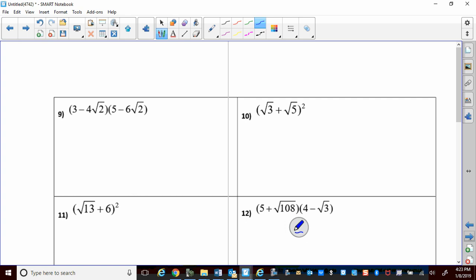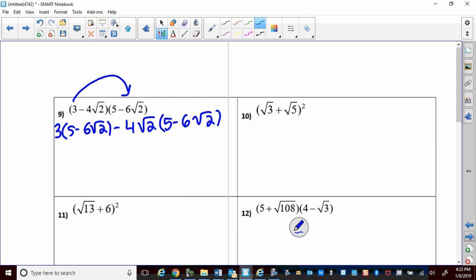Number 9, you can do on your own. You just distribute. So 3 to all of this. 3 times 5 minus 6 root 2 minus 4 square root of 2 times 5 minus 6 root 2. Right? Simplifying, I get 15 minus 18 root 2 minus 20 root 2 plus 24 times 2.